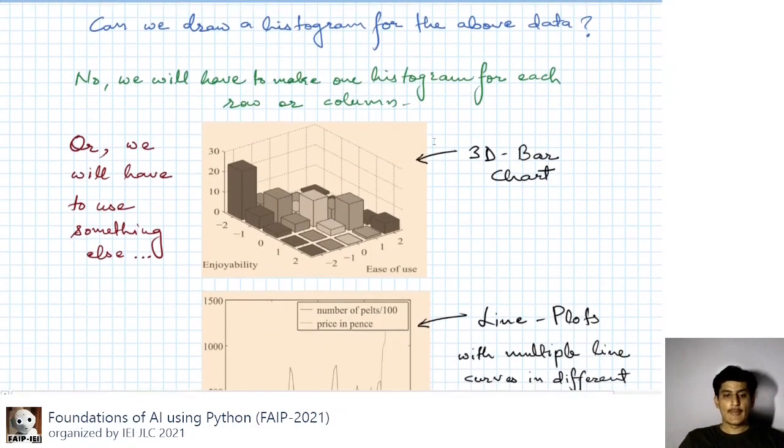It doesn't make sense to draw histograms for two-dimensional data. Then what would we do? We'll try out other alternatives. So we can go for a 3D bar chart. What are 3D bar charts? You put the parameters on the two axes and you plot the values on the third dimension.